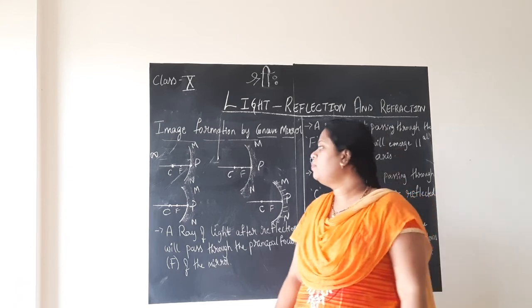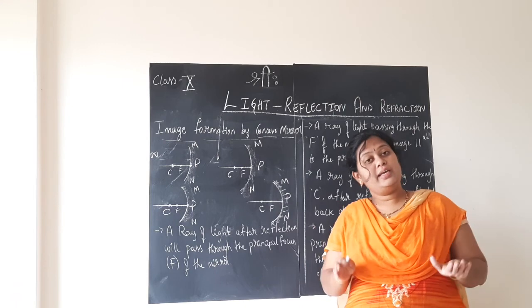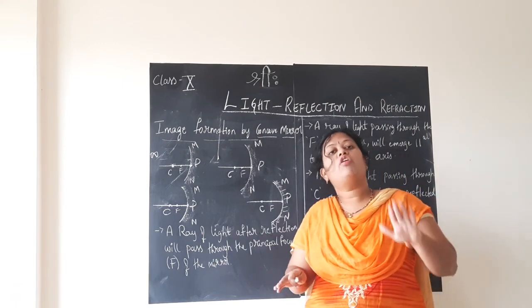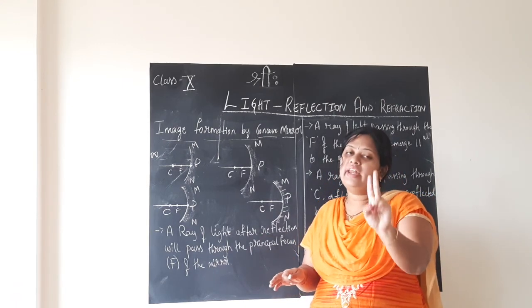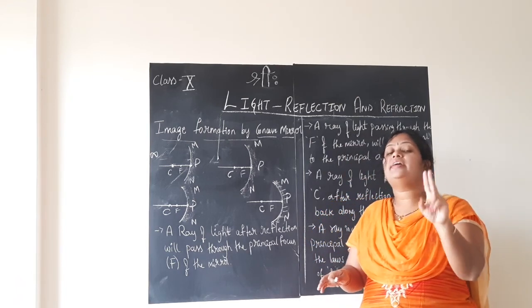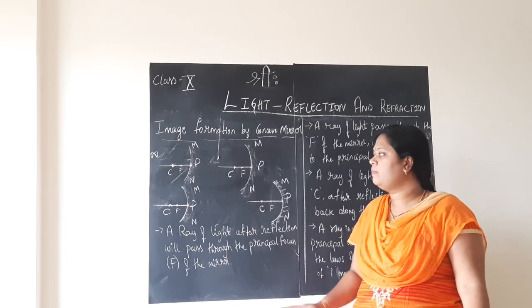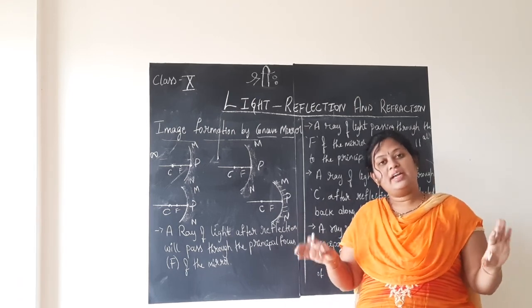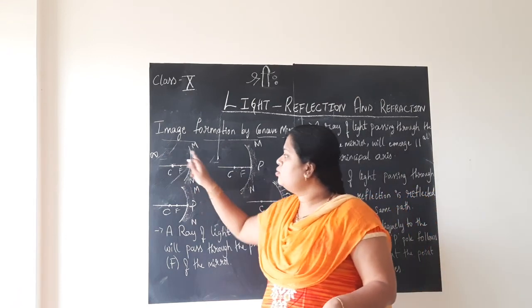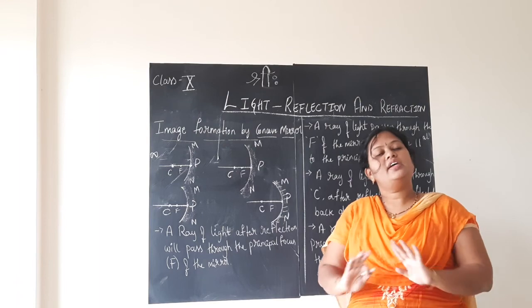And one more important point is, children, for the image to be formed, minimum of 2 rays of light is required. Minimum of 2 rays of light are required for the formation of image. This is very important. Because when you draw the ray diagram, children, if you show any 2 rays and show that the image is formed here, that is enough.